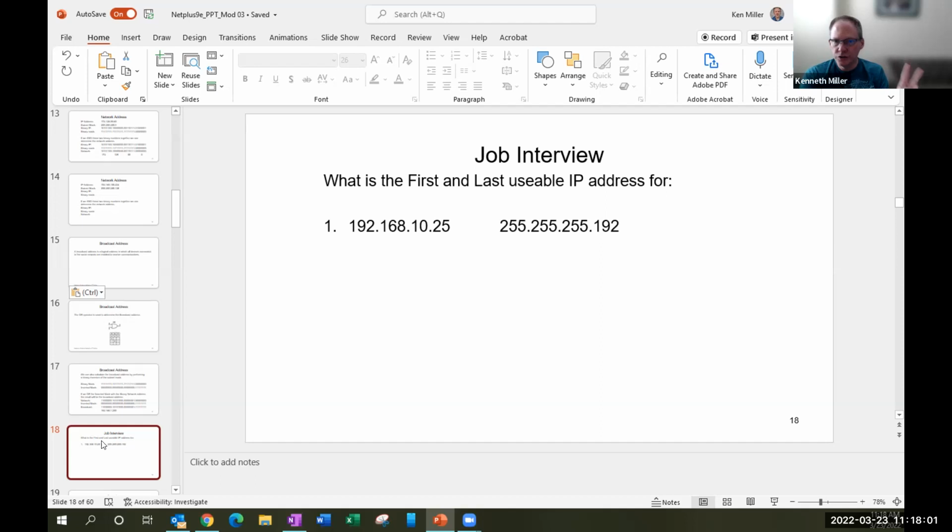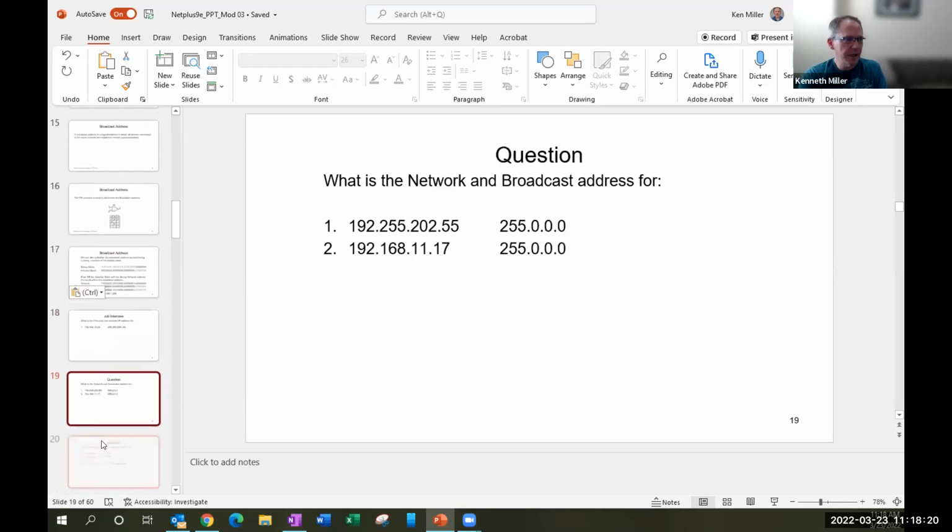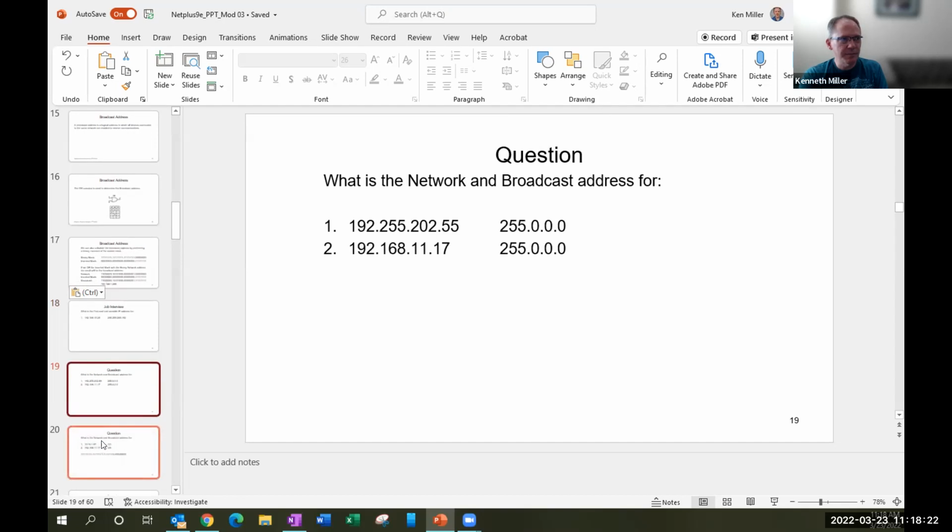It's 2 ones, 128 plus 64 is 192, and then 6 zeros. So when you do the AND, it will drop down with that 25 and 192, and you'll get a different value there. And then what is the network and broadcast address for these networks?